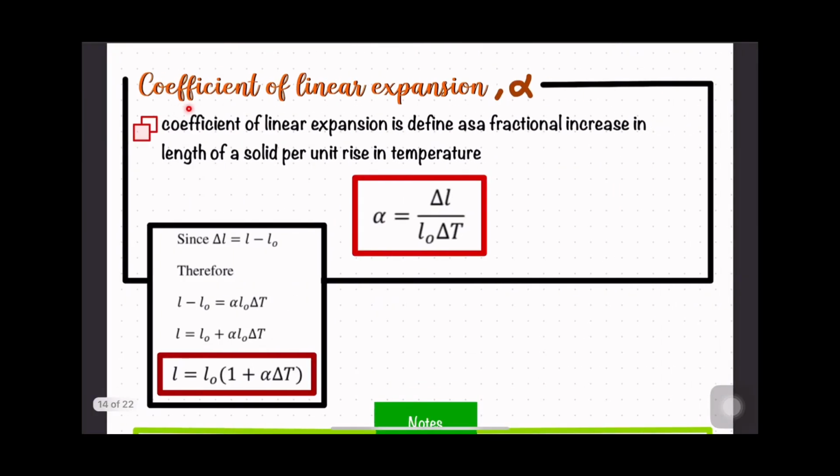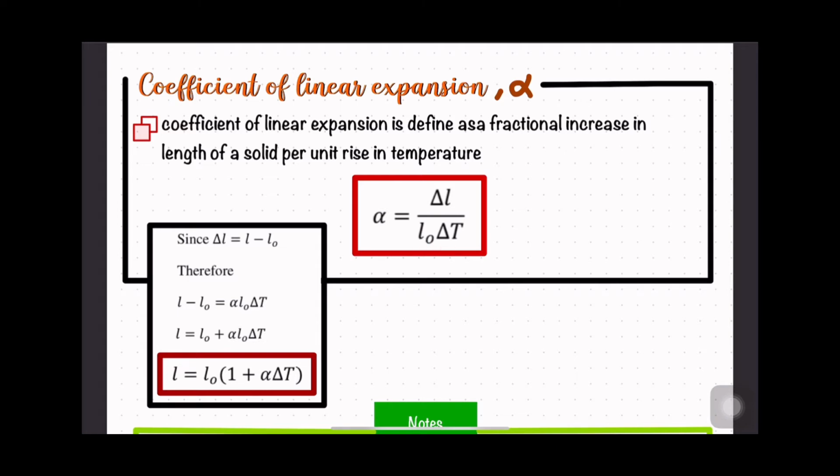Okay, no problem. The change in length is equal to L minus L0, new length minus actual length. Okay, so what is the coefficient of linear expansion? Alpha. The coefficient of linear expansion is defined as the fractional increase in length of a solid per unit rise in temperature. So you rearrange the previous equation and you get alpha equal to delta L divided by the actual length times the change in temperature.